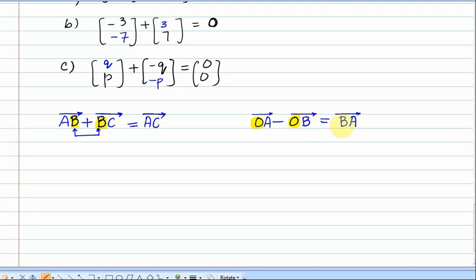First we will write B and then we will write A. Similarly, if you have PQ minus PR, since P and P is same, the answer will be RQ, right?